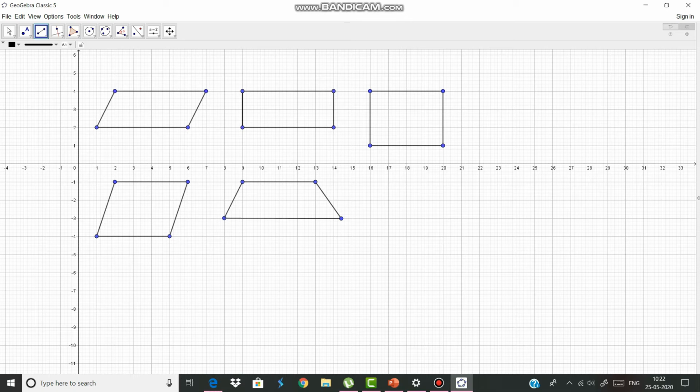Trapezium looks like this. And the kite looks like this.